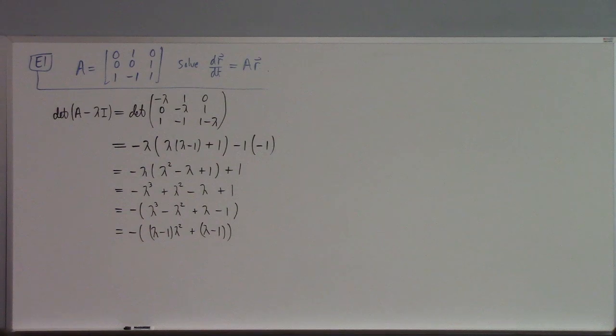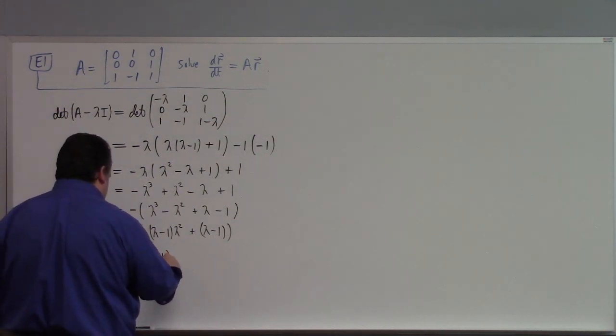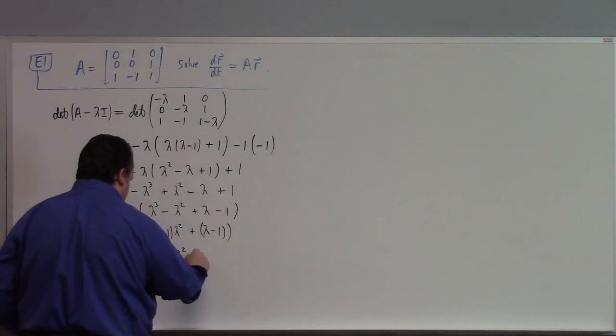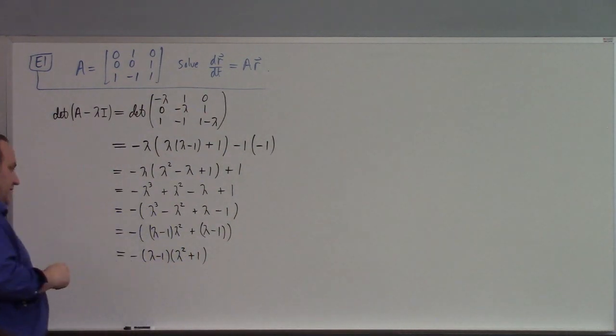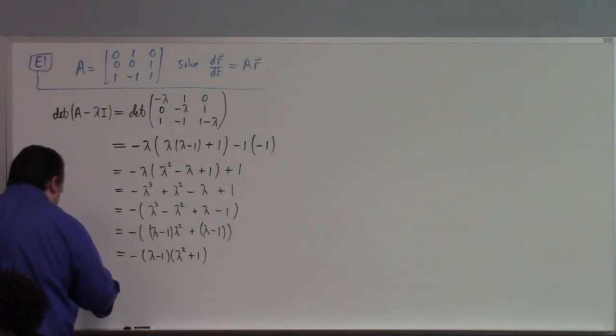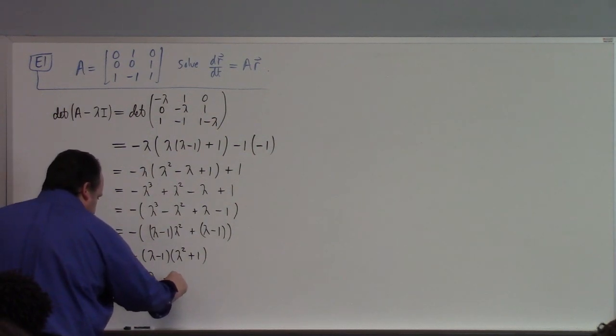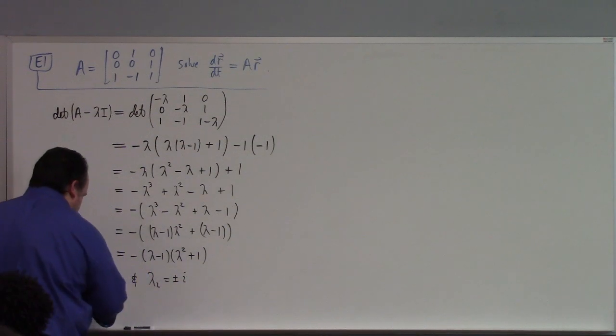So then by factoring by grouping, we have minus, parentheses, lambda minus 1 times lambda squared plus 1. All right? So our eigenvalues are lambda 1 equals 1, and lambda 2 equals plus or minus i, right?